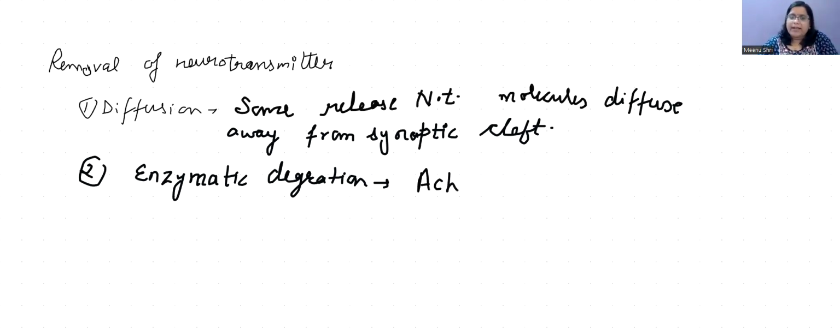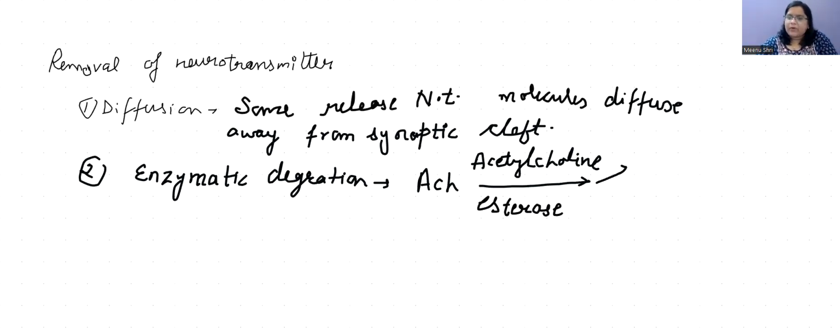Acetylcholine is degraded by acetylcholinesterase, and this acetylcholinesterase will degrade it into choline and acetate molecules. Getting my point? This is the enzymatic degradation.